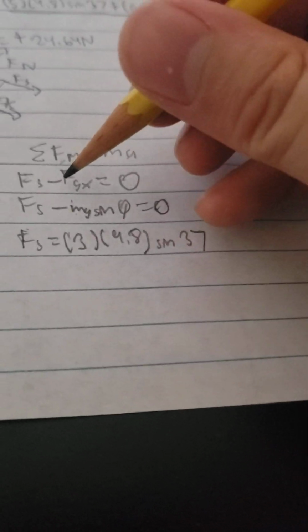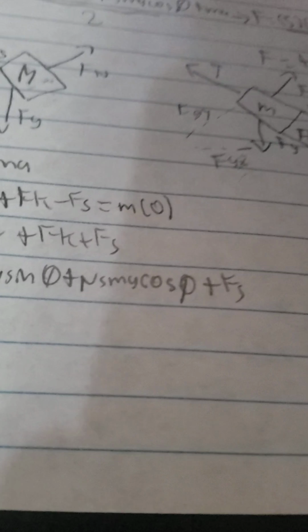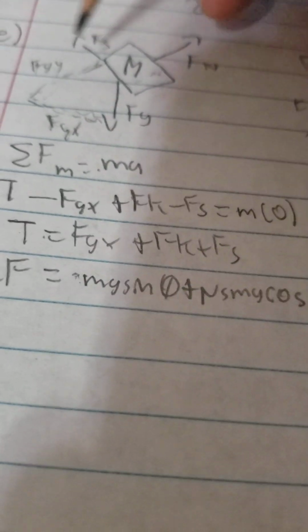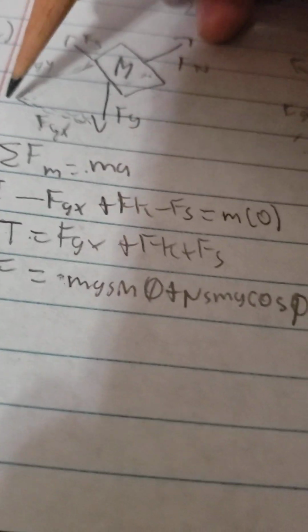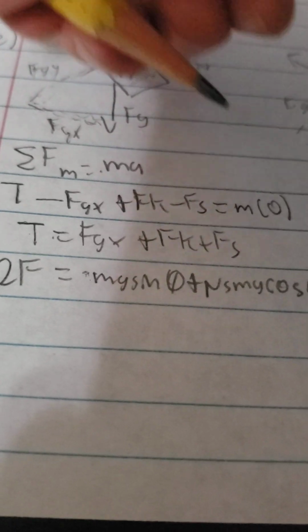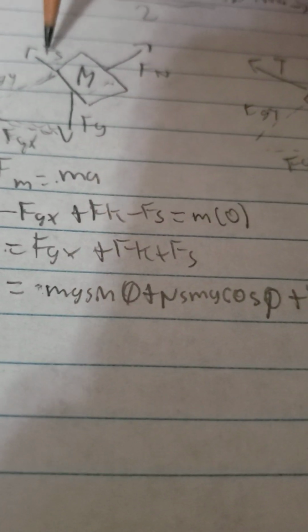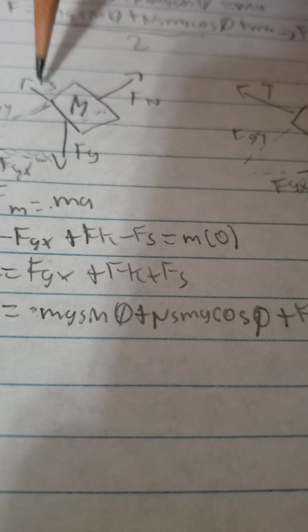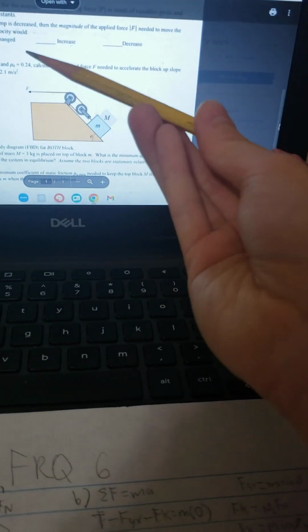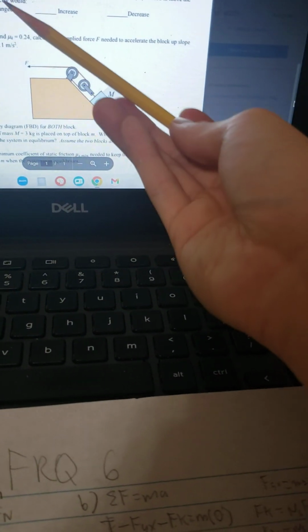And by the way, the reason why we subtracted this is because for the top box only, the Fg of x is pointing away from f of s. We assume it's pointing this way, and f of s is pointing this way too.